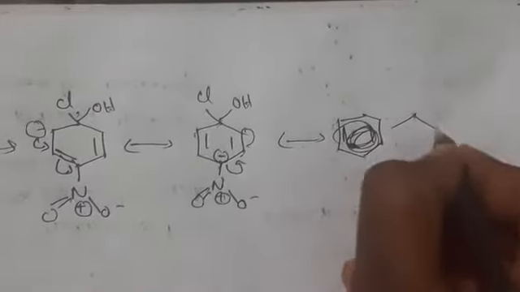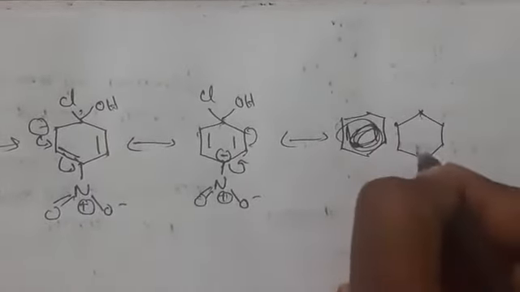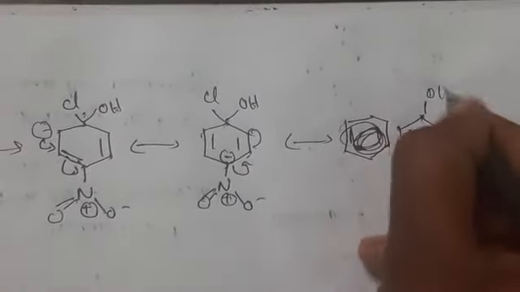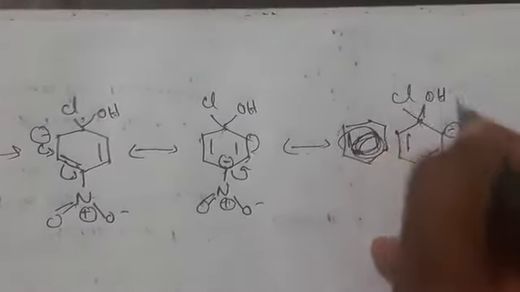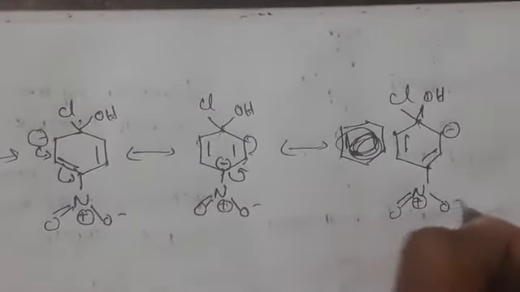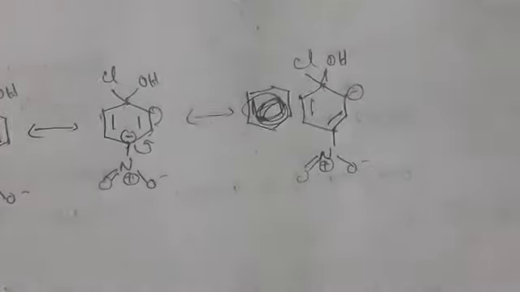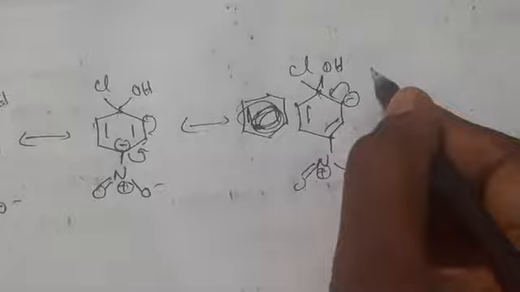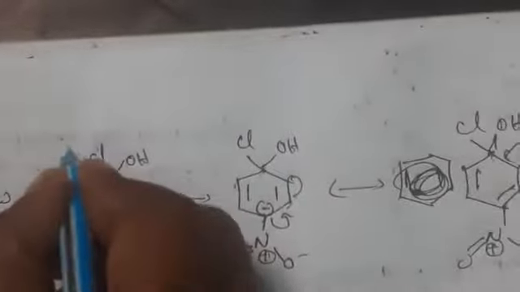This is the structure we are getting here, bond here, minus charge, OH, Cl, N double bond O plus, O minus. Okay, so now this minus charge will again come inside, again it is forming. So these three are the resonating structures we can say.